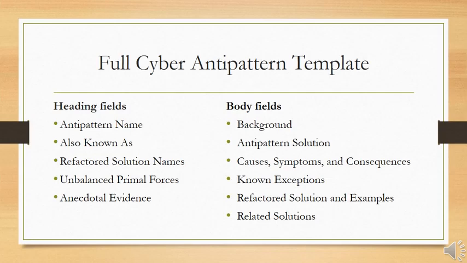Antipattern solution. This field defines the antipattern solution through diagrams, explanations, examples, and discussions of design forces. The antipattern solution is a commonly occurring situation or configuration with significant security implications, such as risks, threats, and vulnerabilities.